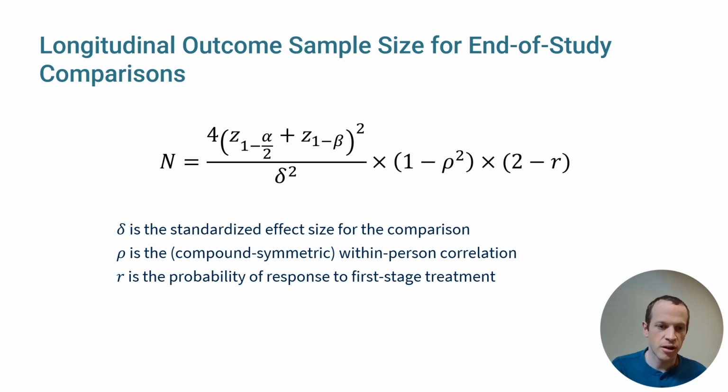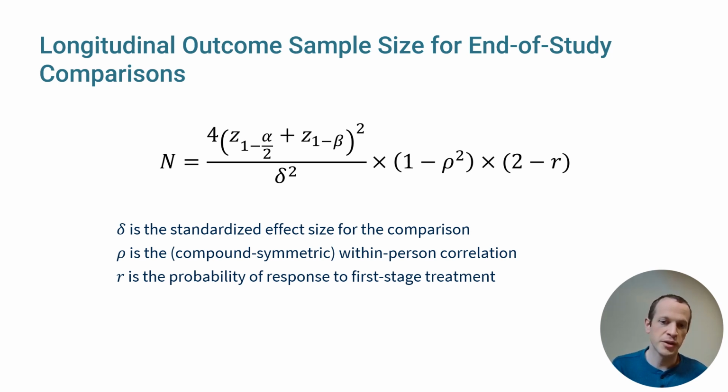I'm going to skip to R. You've seen R before, but R is the probability of response to first stage treatment. This one I think is useful to think of in terms of the extremes. First, let's think about the extreme where everyone is a responder. In that case, R is equal to 1.